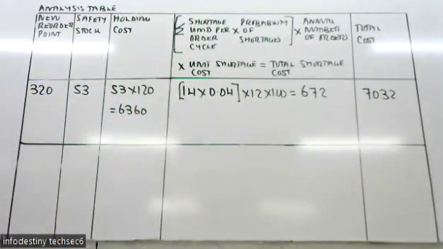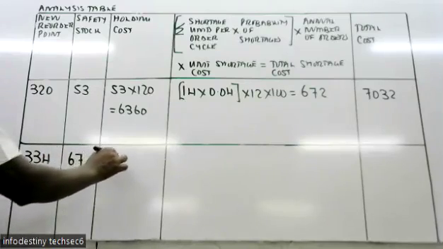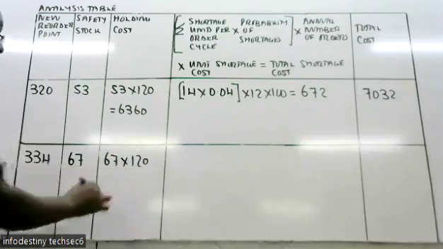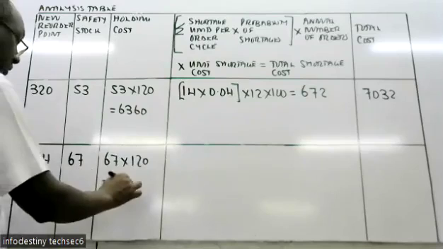And after 320, we get to 334. 334 will create a safety of 67. So 67 multiplied by 120, 8040.